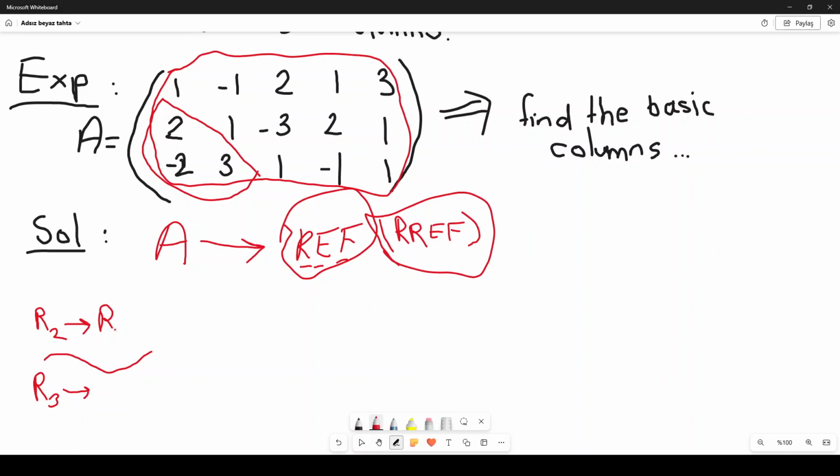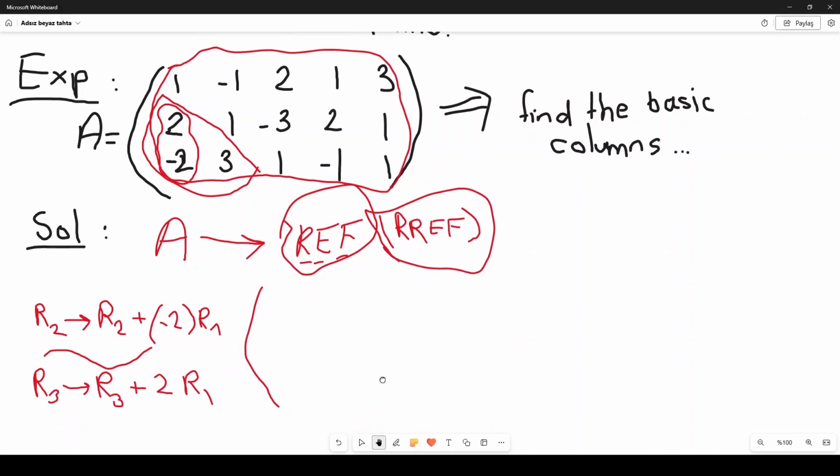I add row 2 minus 2 times row 1, and for the row 3 I sum row 3 with 2 times row 1 in order to eliminate the very first values in the second row and the third row. 2 and minus 2 should be 0, right? So our new matrix becomes what? Let's see what it becomes.